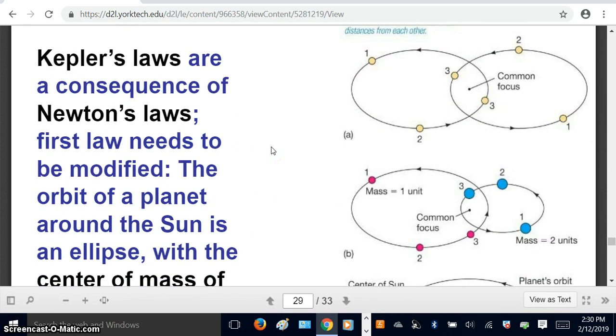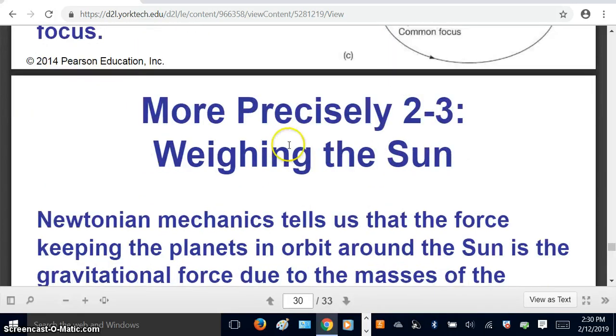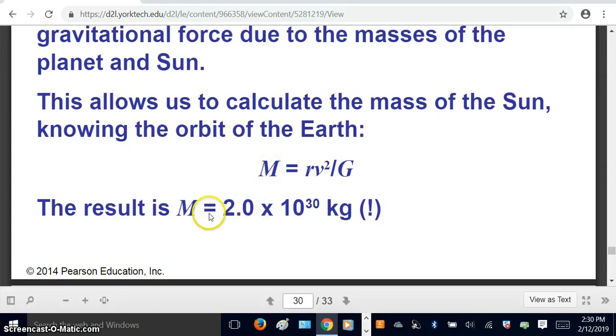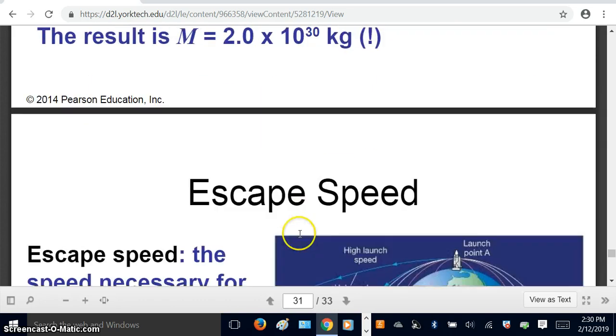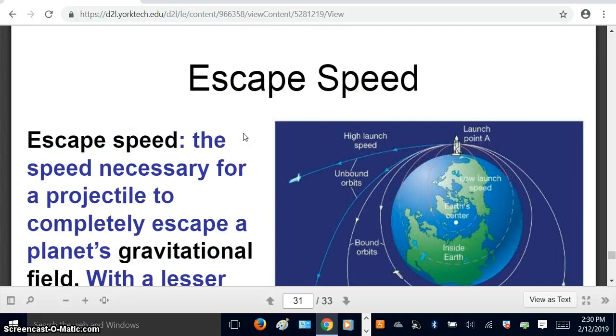Newton applied his laws to measuring things like the mass of the sun and the motion of the moon. So for example, using Newton's laws of motion, there's the current accepted value of the mass of the sun, 2 times 10 to the 30th kilograms. And he also worked out this thing called escape speed or escape velocity. So how fast does something have to be traveling to leave the Earth and never come back?